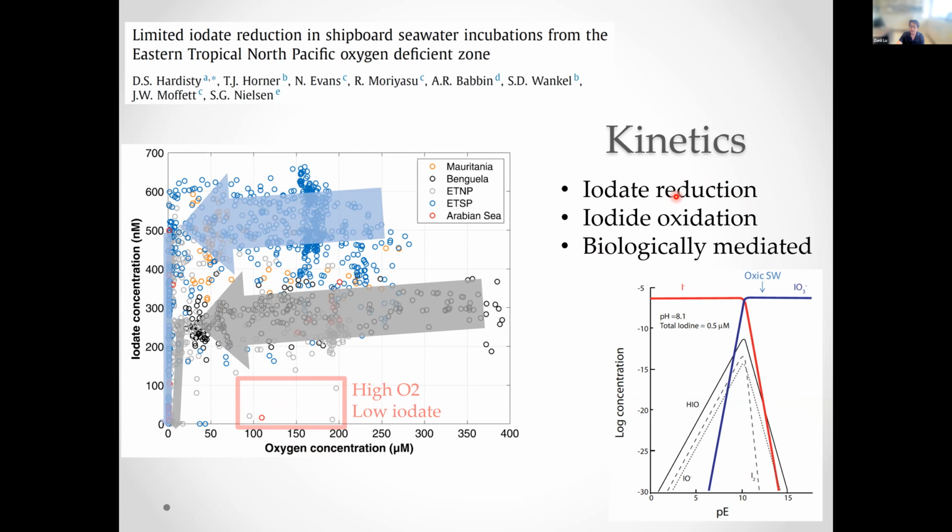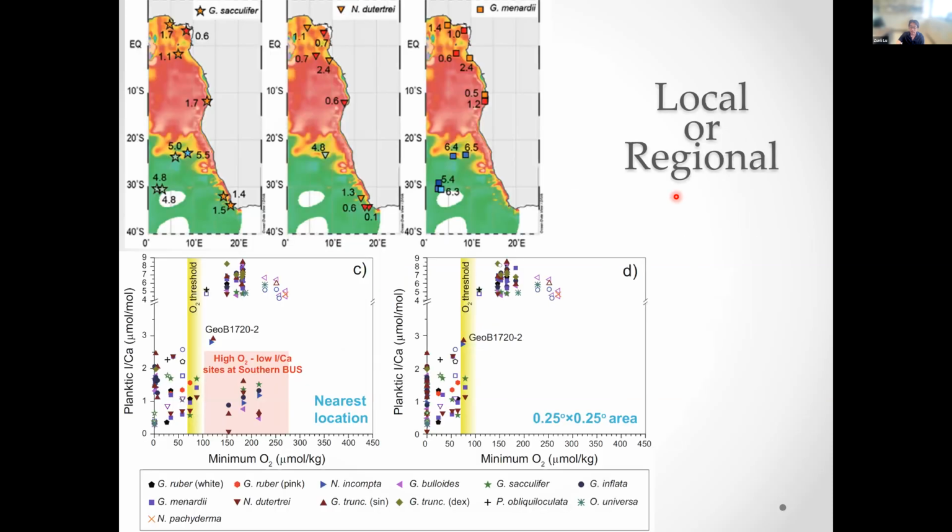So what's the implication of the kinetics issue when we actually look at the rock records? Immediately you want to think: is it really a local signal, or a regional signal? This is some of the core top study that my student did. If you look at these in map view, the planktonic forams generally show high iodine to calcium in high oxygen waters, and low iodine to calcium in low oxygen waters.